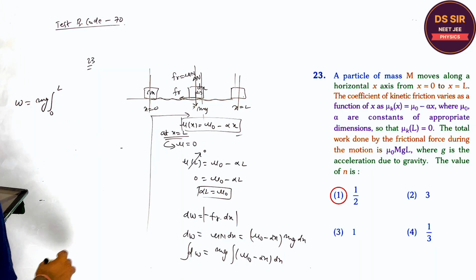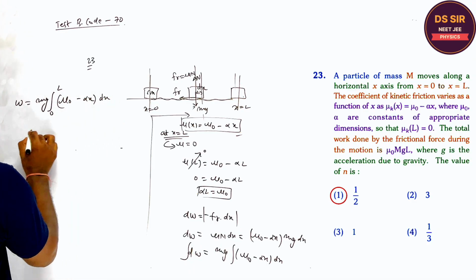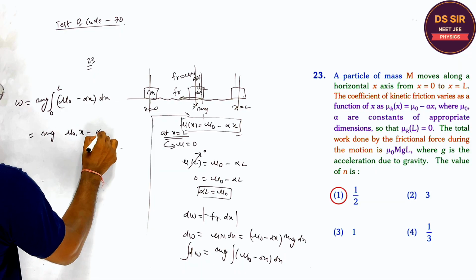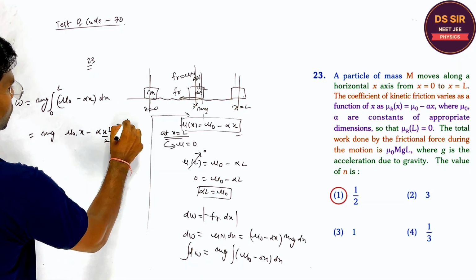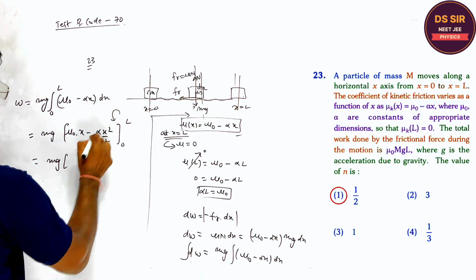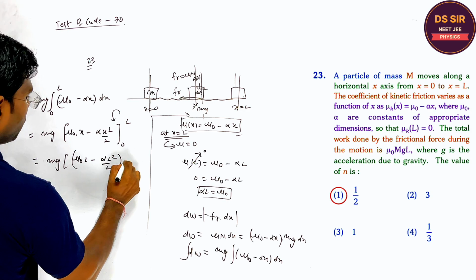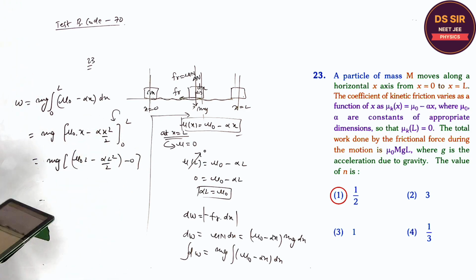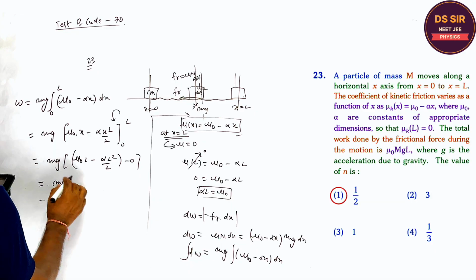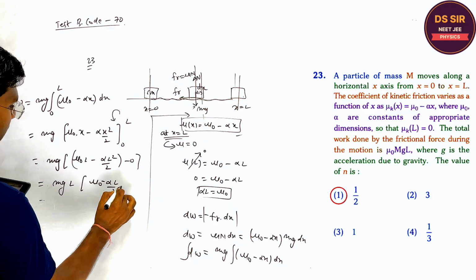This is the total work done by friction: mg times the integral of (μ naught minus αx), which gives μ naught x minus αx squared by 2, from 0 to L. If you put the upper limit, μ naught L minus αL squared by 2, minus the lower limit, it becomes 0. So if you take mg and L common, it is μ naught minus α L by 2.